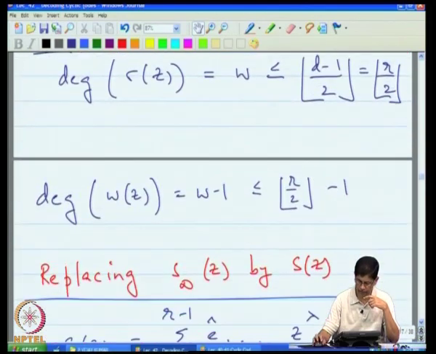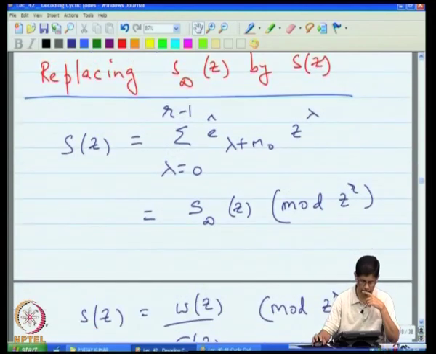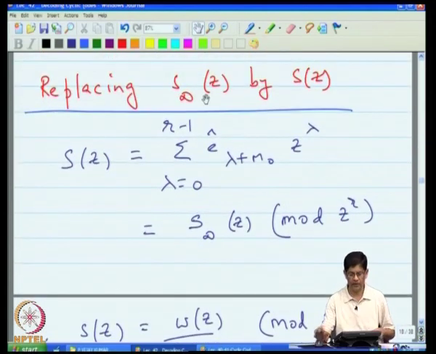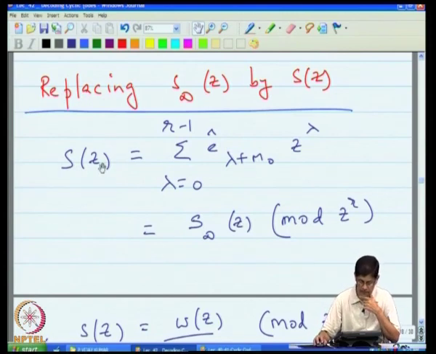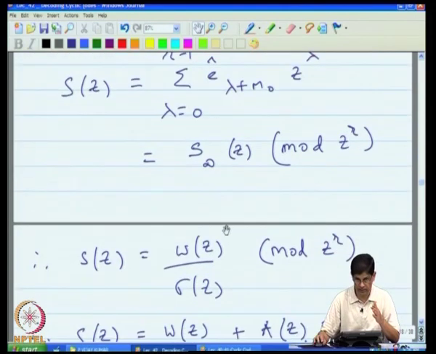What we can say, so replacing S infinity of z by S of z. So, here is S of z, and notice that it is equal to S infinity of z provided you go mod z to the r, which means that if you neglect terms in z to the r or higher, then there is no distinction between S of z and S infinity of z.